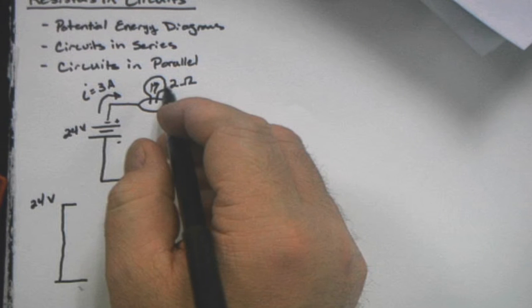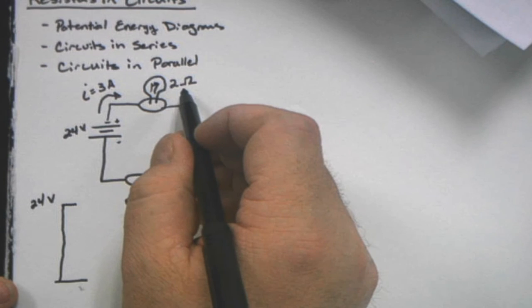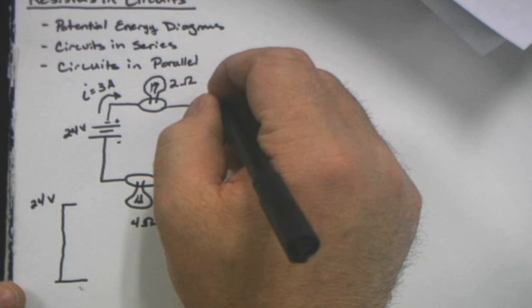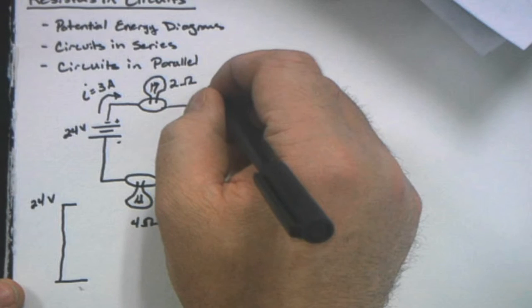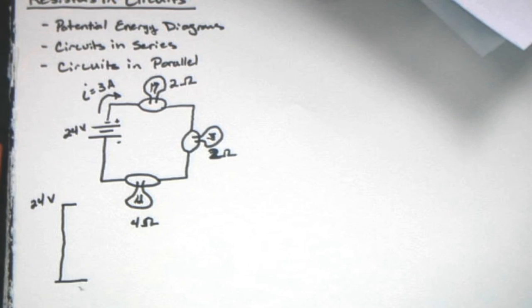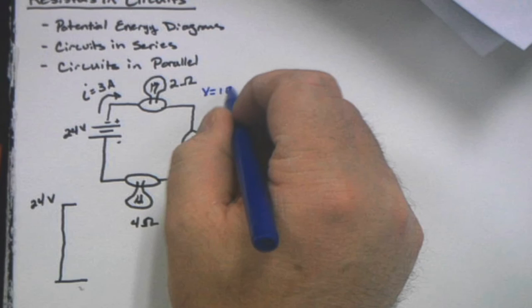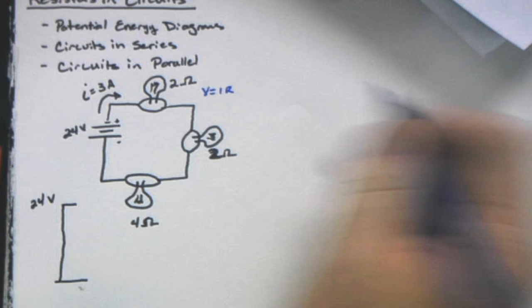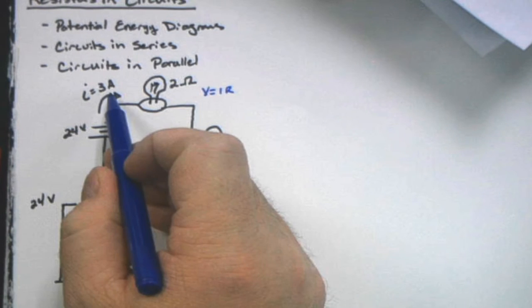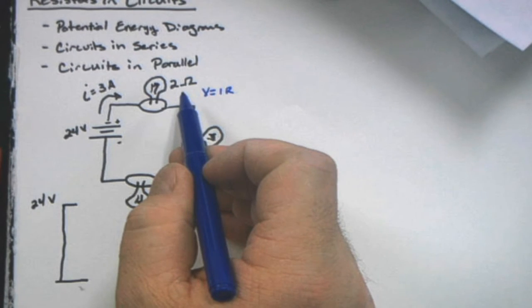As we go through, we analyze this device here, and this has 2 ohms, and so when we look at Ohm's law, which says V equals I R, we have a current of 3 amps and a resistance of 2 ohms.